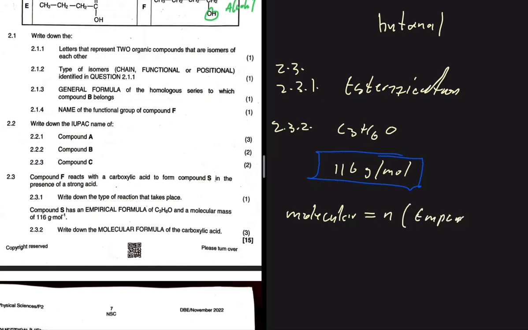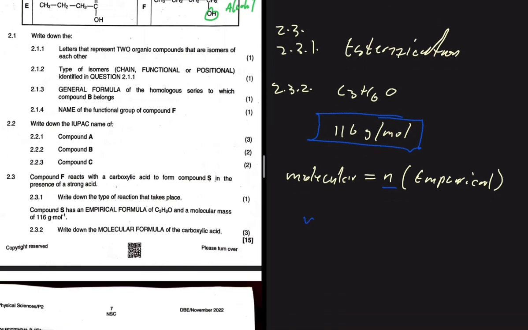So if we look for this number N, which we must multiply the empirical with to find the molecular, we must say that N is equal to the molecular divided by the empirical, right? We're talking about the molar mass here.